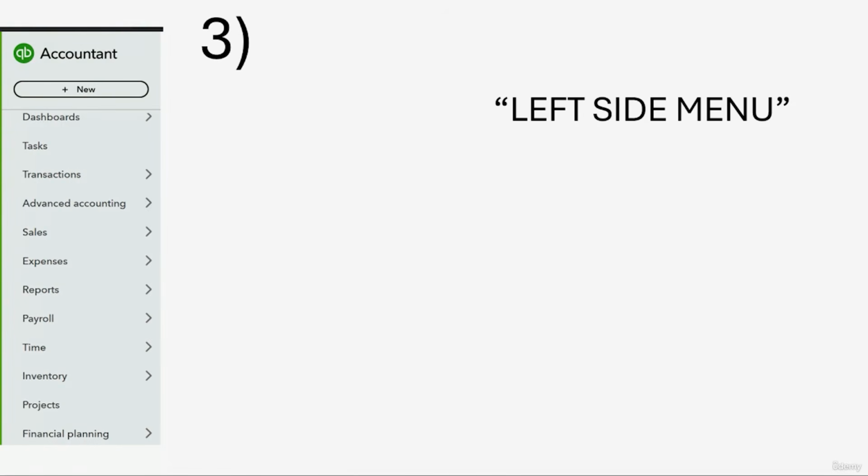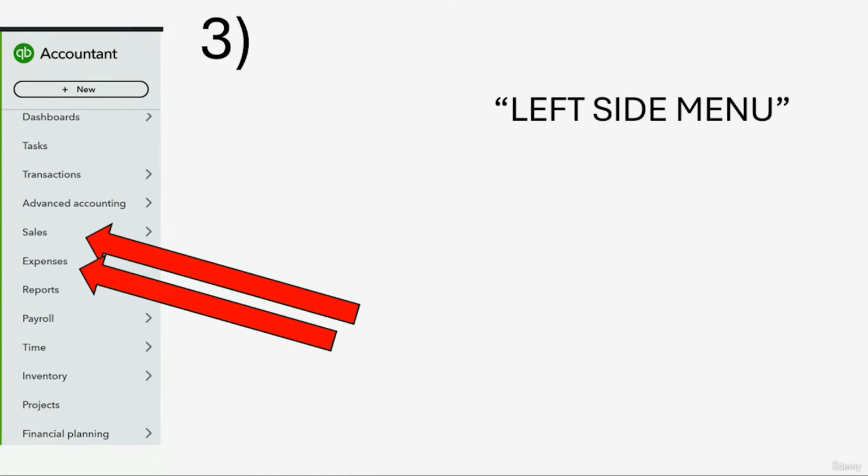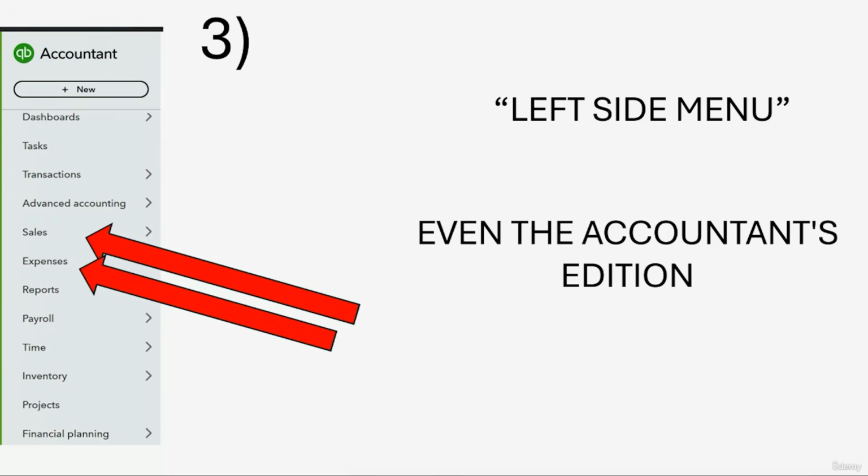Now, mind you, the left side menu might look slightly different if you chose to use the Accountant's Edition for this course, but no matter what, you will still be able to access reports and long-term customer and vendor data from the left side menu, even if you have the Accountant's Edition.